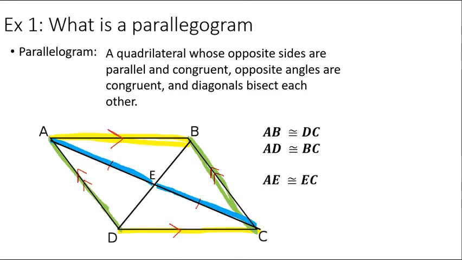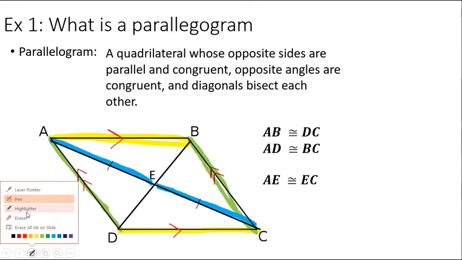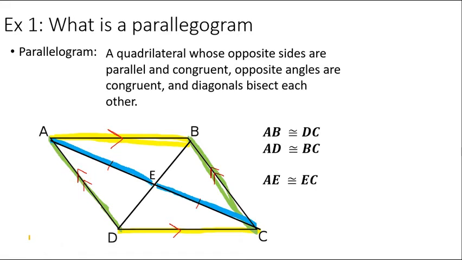So we're going to say that AE and EC are congruent. We do the same thing with the other two sides. We say that segment DE and EB are congruent to each other as well. So then we put this 2. We say DE and EB are congruent to each other.